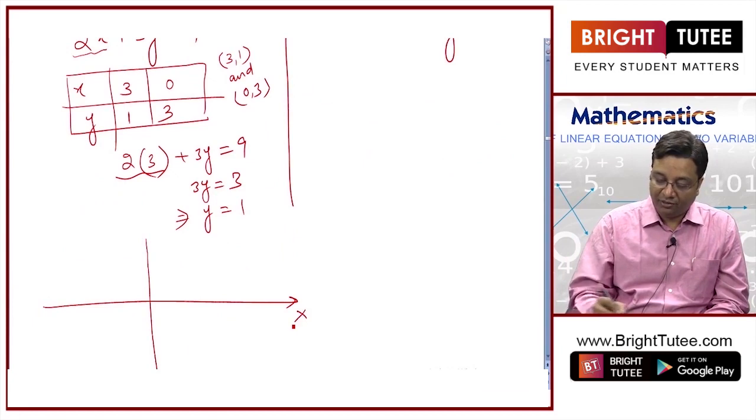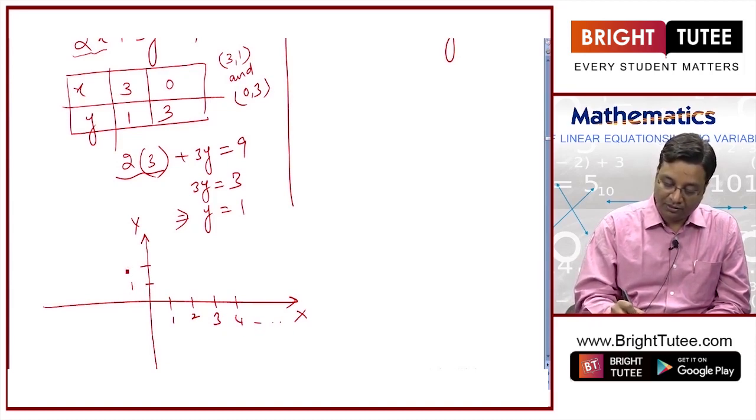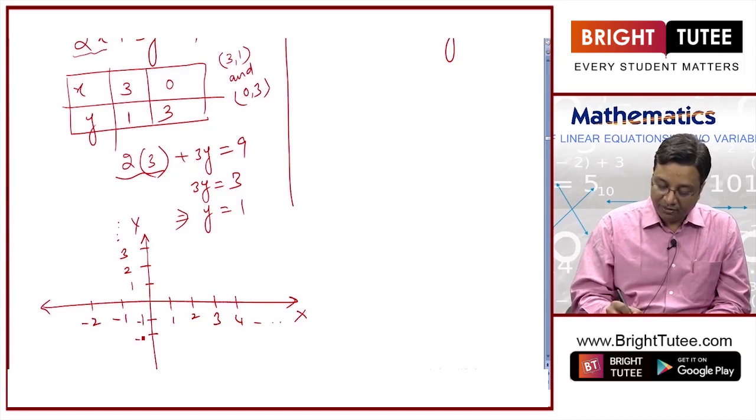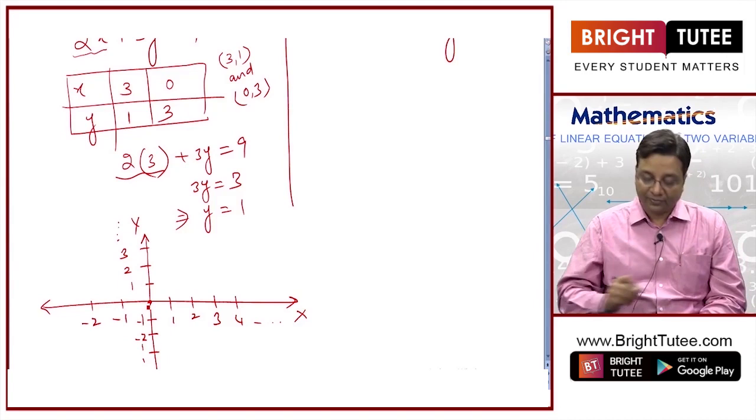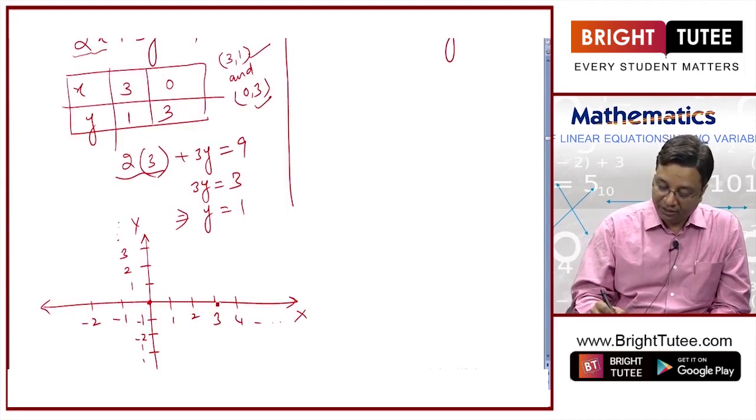I'll take this rectangular axis system here, right? 1, 2, 3, 4 and so on, 1, 2, 3 and so on. Here I'll have minus 1, minus 2. In this question I don't need them. Minus 1, minus 2 and so on. This is 0, right? Now these 2 points (3, 1) and (0, 3). For (3, 1), this 3 here and 1 here will give me this point.